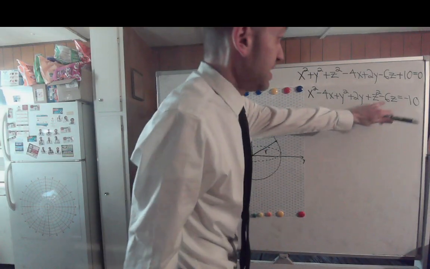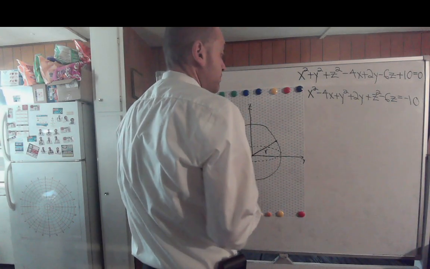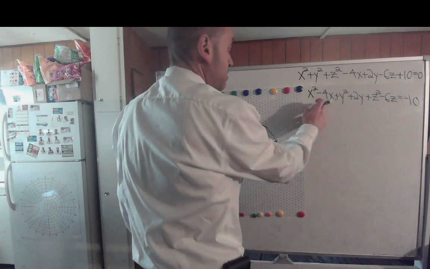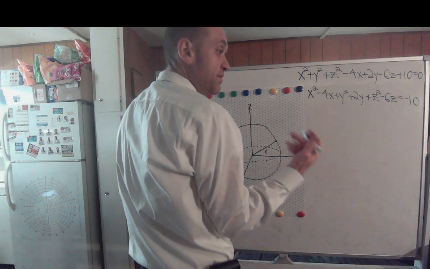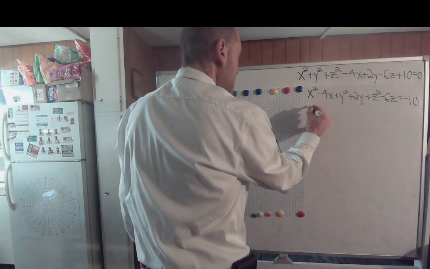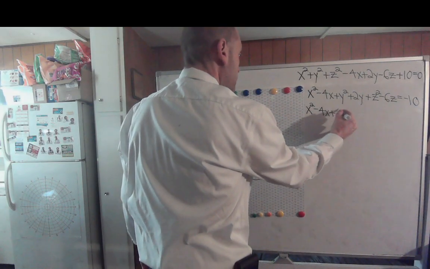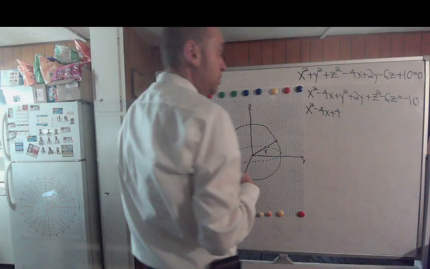Now on each of these variables we need to complete the square. So for the x squared minus 4x, okay, half of negative 4 is negative 2. If you square that, you get positive 4. So this would turn into x squared minus 4x plus 4. Now deal with the y.